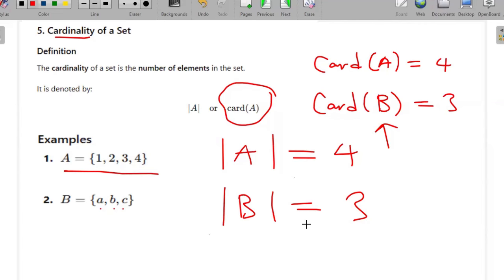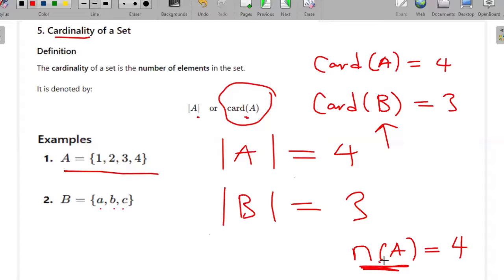And then again, in other literature or in other books, in case you are reading a book somewhere, the cardinality is indicated as a small letter n, and then you put the set there, and I'm just going to say 4. So this one also means the cardinality of A. You can use this notation, or this notation.